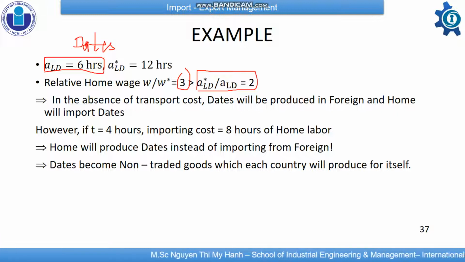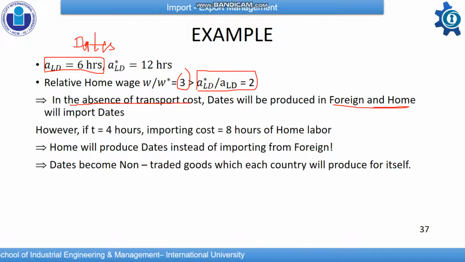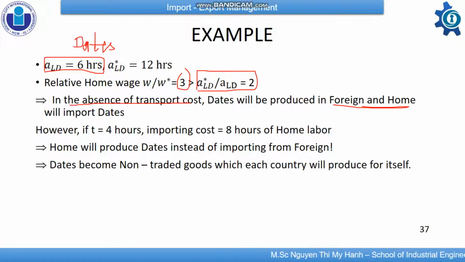So if we don't consider the transportation cost, dates will be produced in the foreign country, and home will import dates from foreign. Okay, that is when we don't consider transport cost.